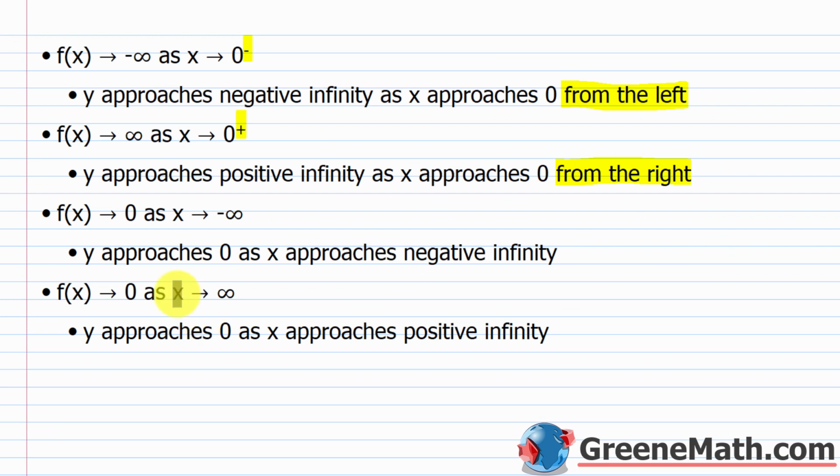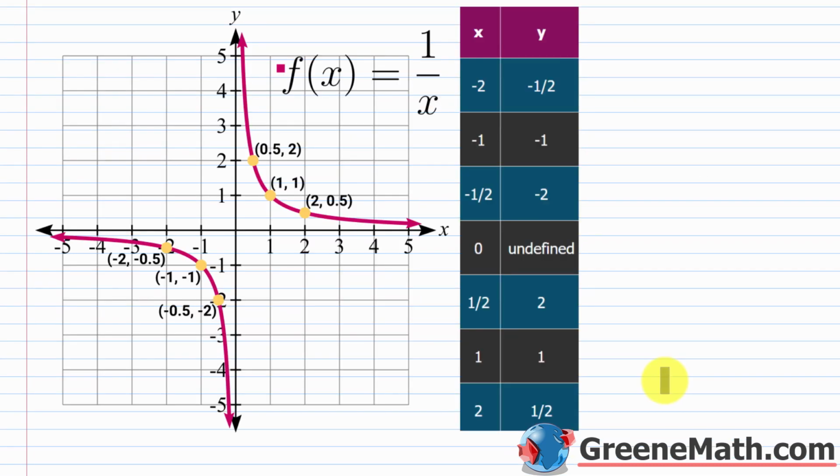All right, so for the next two, we have f of x, or y, approaches 0 as x approaches negative infinity. That's pretty straightforward. And then similarly, we have f of x, or again y, approaches 0 as x approaches positive infinity. Just coming back to the graph, you can think about it this way, or you can also use the table. I'll just do both with you. Think about this piece right here. What's happening to the y values, or the function values, as x increases without bound?